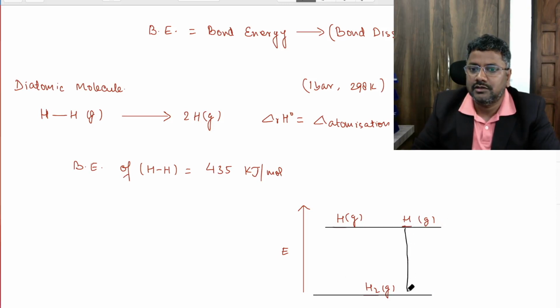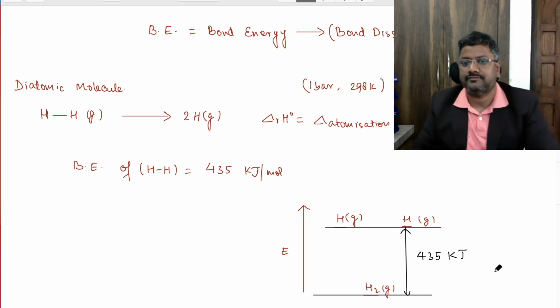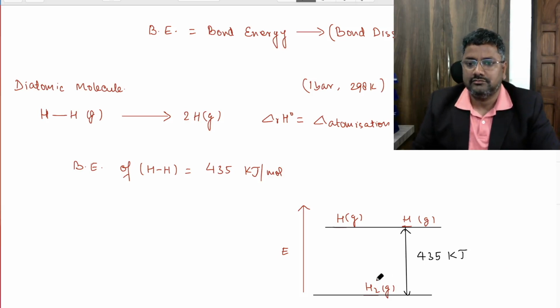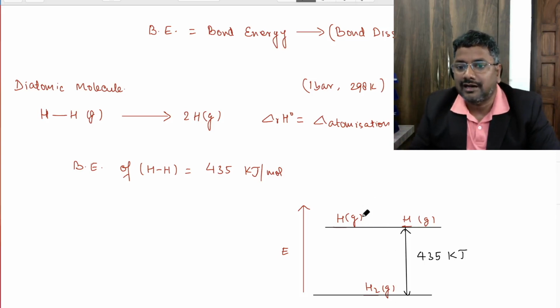This difference is 435 kilojoules. It means our hydrogen molecule is more stable by 435 kilojoules of energy compared to the constituent atoms.